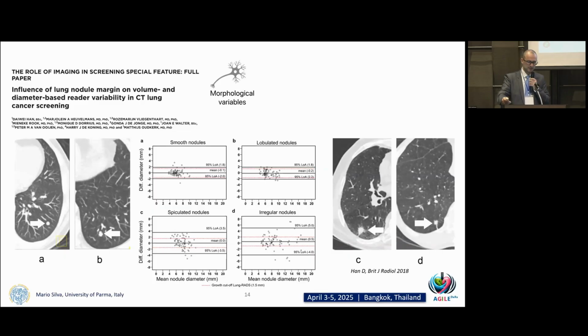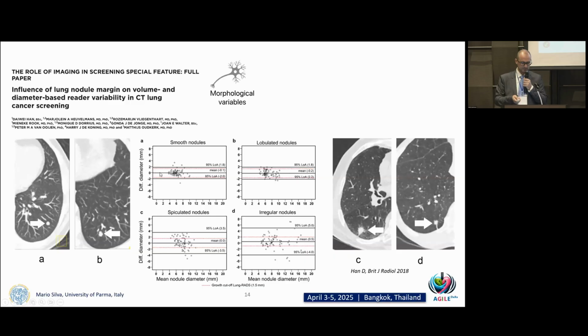Let's go on and see the morphological variables that are appropriate for using the software and those that become drawbacks in the software use. This is a paper back to 2018, always from the Nelson group, showing the variability of diameter measurement by software.